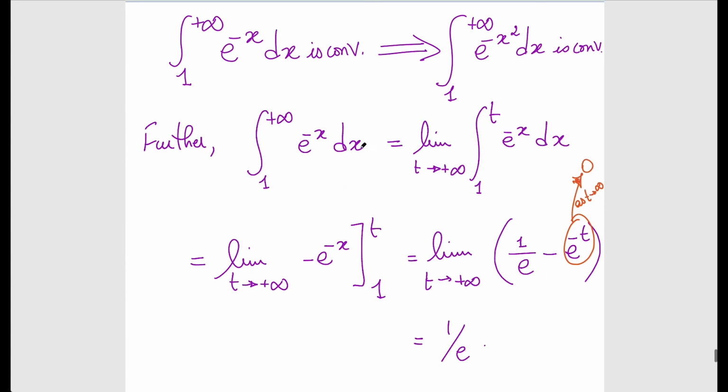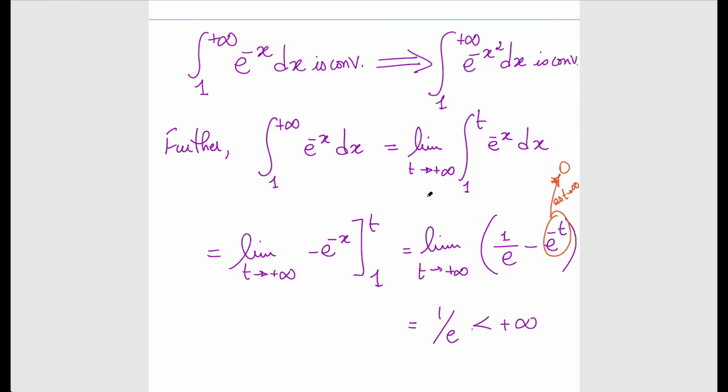All right. So long story short, this is a finite number. It doesn't matter what this value is, as long as it's finite. So this is convergent, and as such, this is going to be also convergent, right?